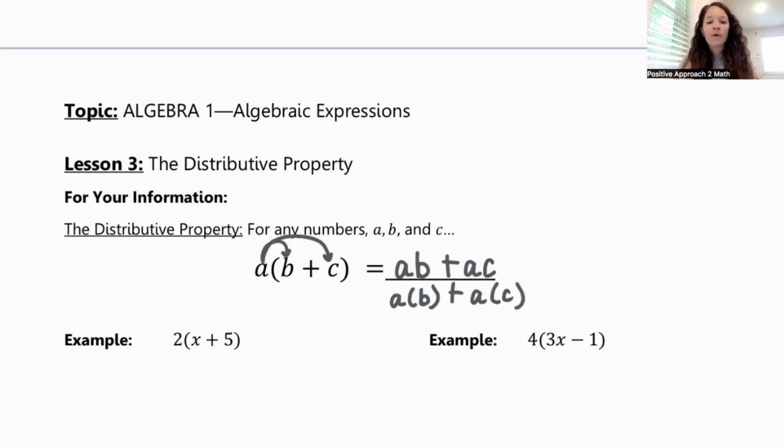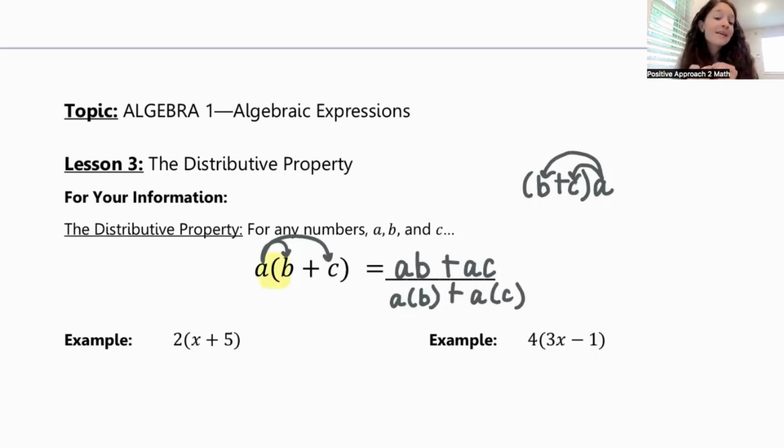One thing I want to point out is they always show it with that number on the outside in the front, but it doesn't necessarily have to be. If you had B plus C, and then a number being multiplied on the outside in the back, you can still use that distributive property. How I know it's distributing is that there is absolutely nothing in between the A and the parentheses, no plus or minus sign.